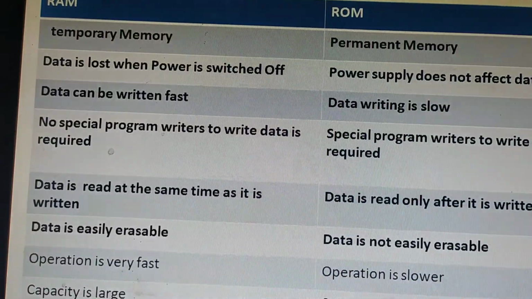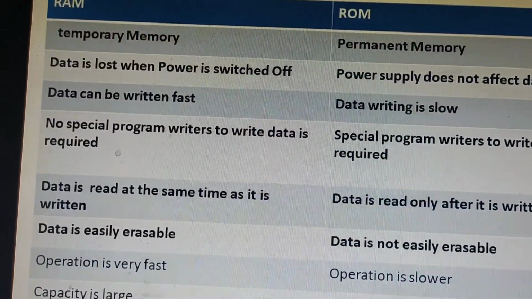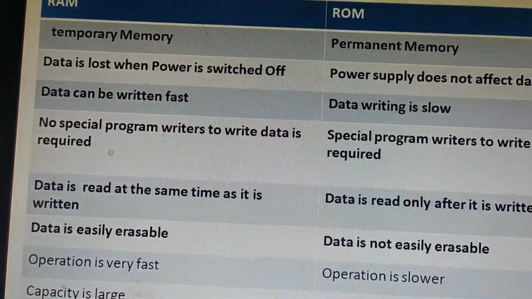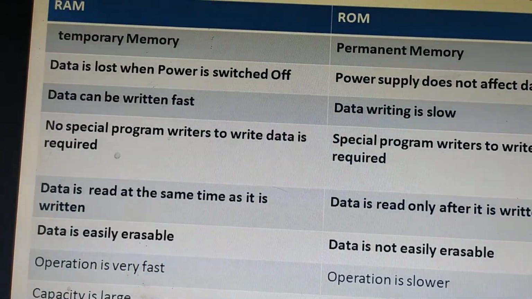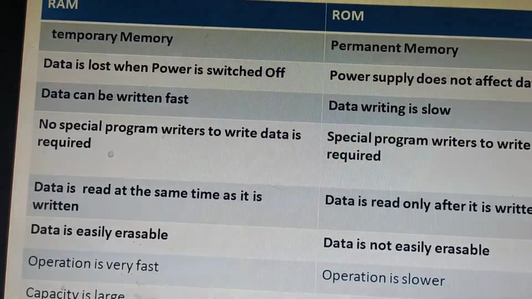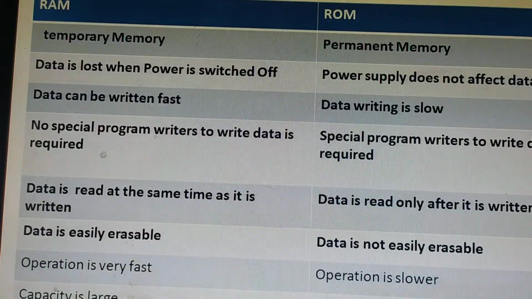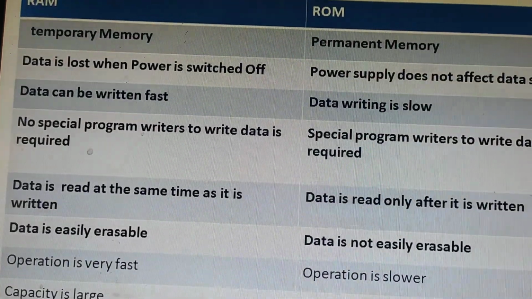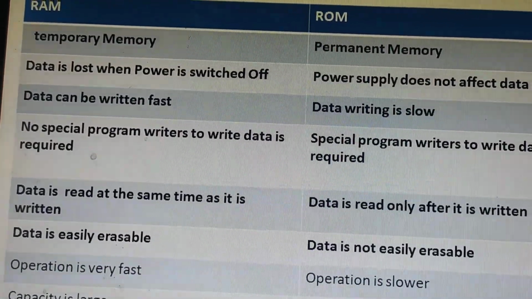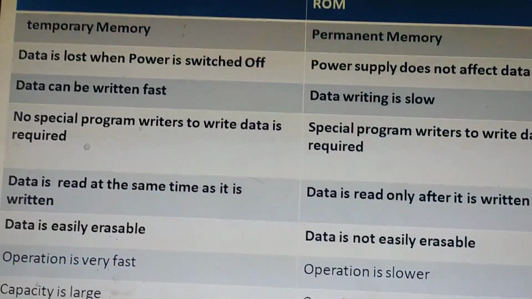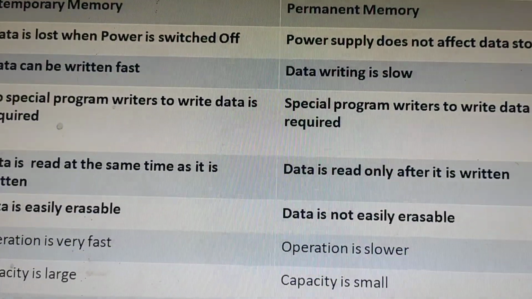We can keep on writing the data and continuously read the data at the same time. But in ROM, only after the complete writing of data is over can the data be read.